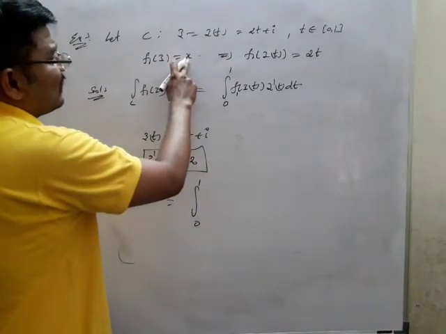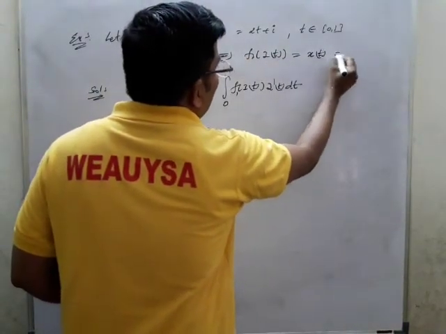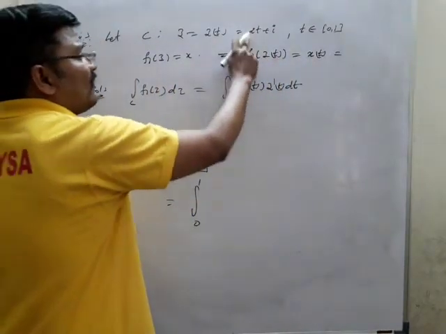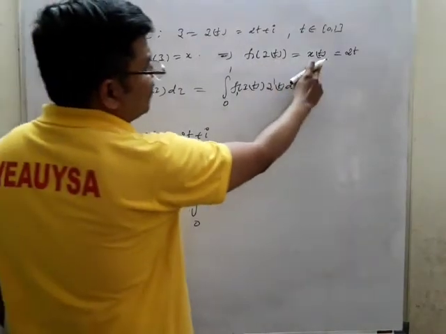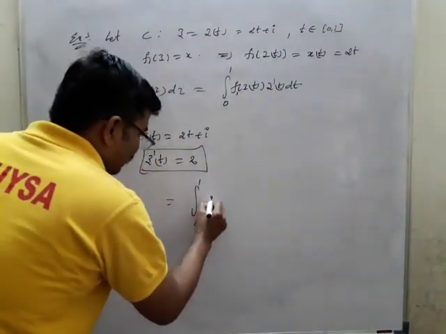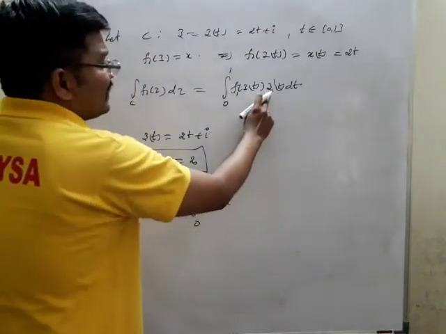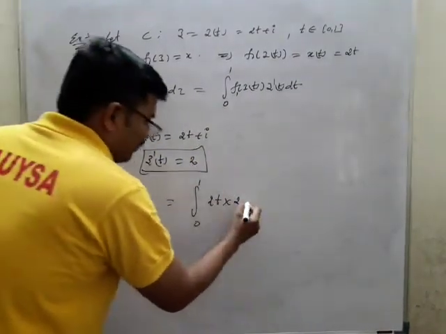Here only x is given, means x of t. I may write here x of t. What is x of t here? x of t is nothing but 2t. So f1 of z of t is nothing but x of t, which is 2t. So I may write here 2t into z dash of t, and z dash of t is 2, into dt.